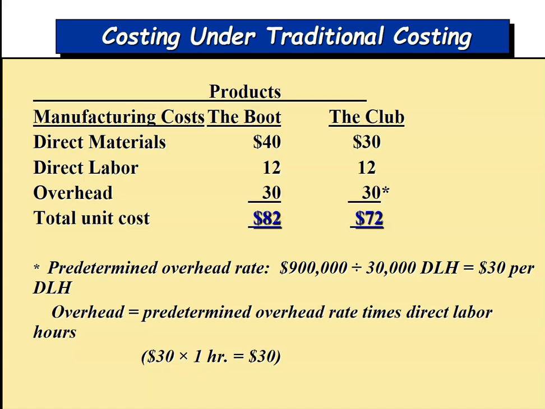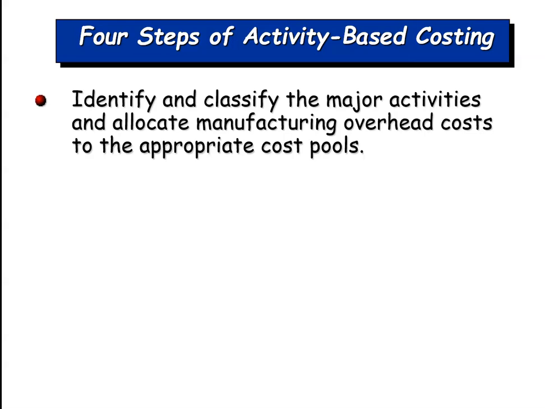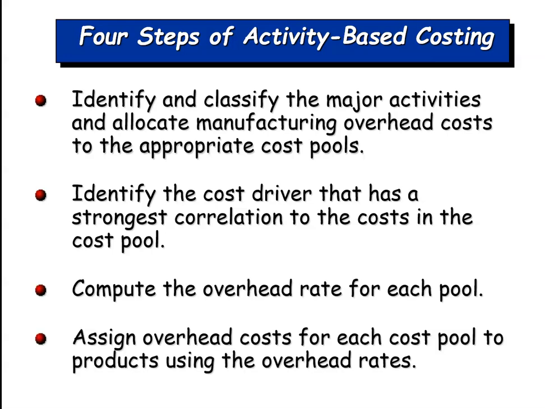That's slide 14 if you're in one of the classes. So that was traditional costing, and we've got these 4 steps of activity-based costing. We've really gone over these already, so we're just going to go over them very, very quickly so that we understand exactly what it is we're doing. We've shown already that we have to identify major activities and allocate manufacturing overhead cost to cost pools.